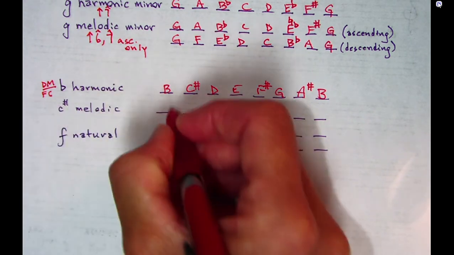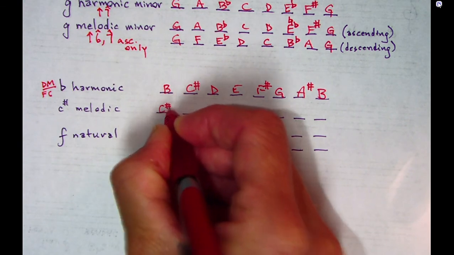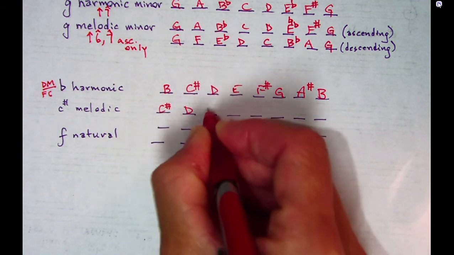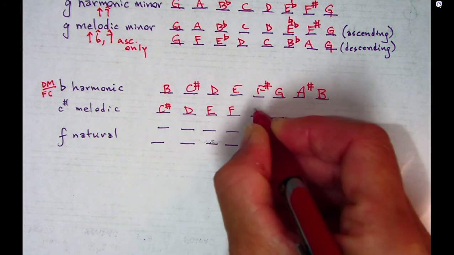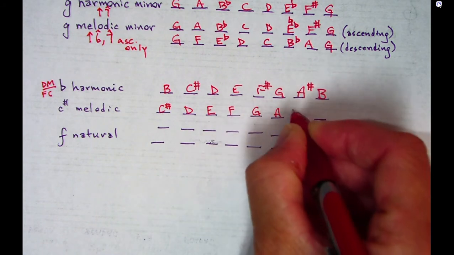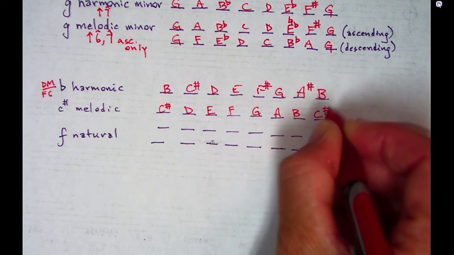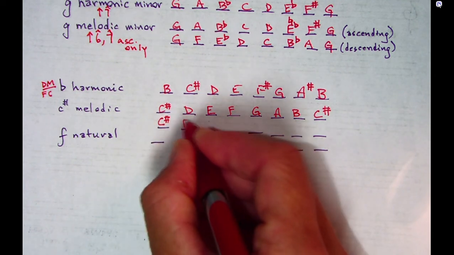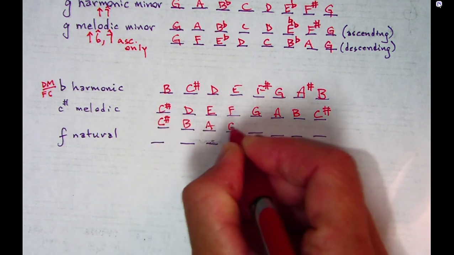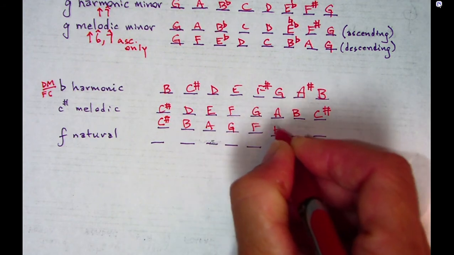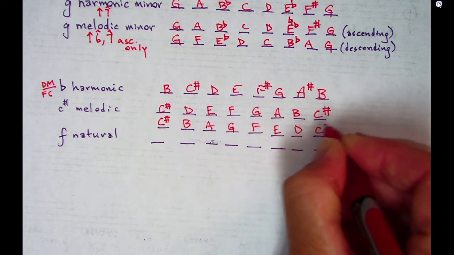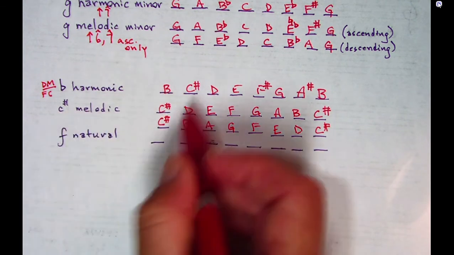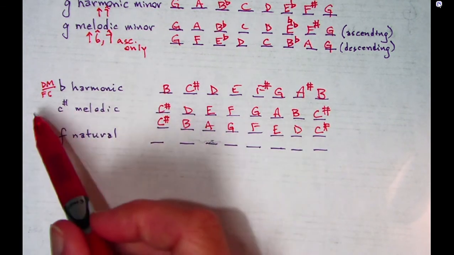So I'm going to take that C sharp, that's going to go up and down, C, D, E, F, G, A, B, C, and now I'm going to do it backwards, C, B, A, G, F, E, D, C. And I know it has a C sharp, so I went ahead and added that because of the name.